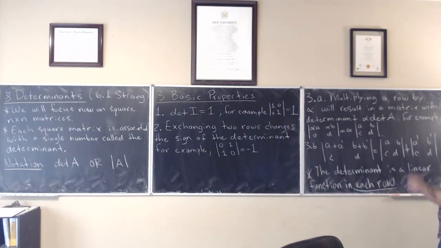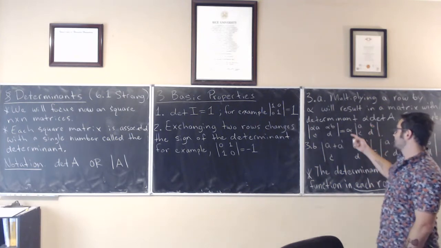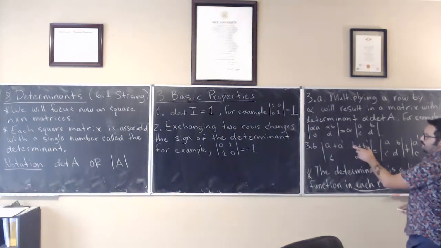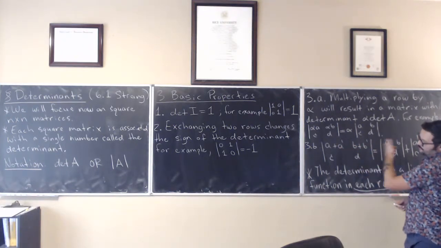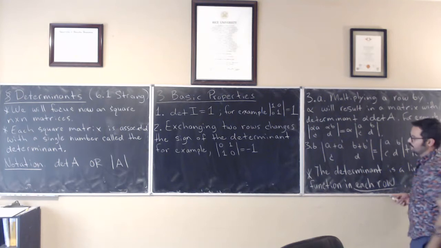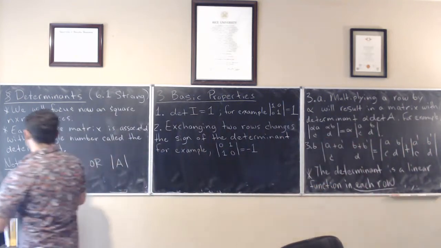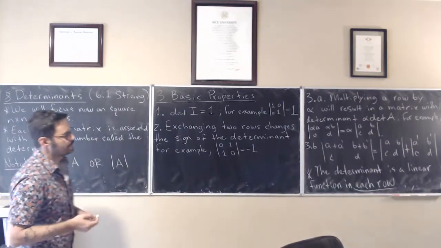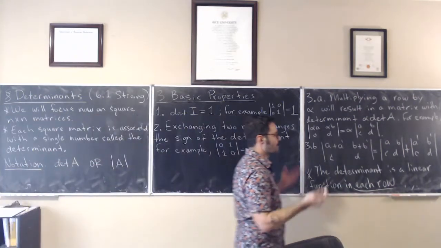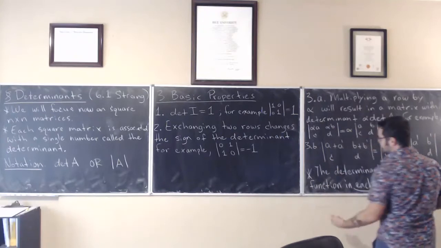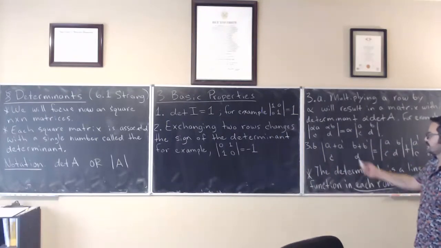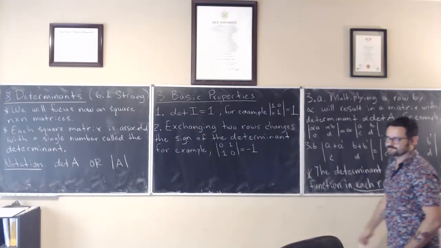So if you multiply by alpha and add A prime and B prime, or any number of numbers to a given row, it's going to act like a linear function. Do A prime and B prime hold any special relationship to A and B, or are they just constants? They're just constants. Okay. Yeah, cool. These could be any numbers. Gotcha.